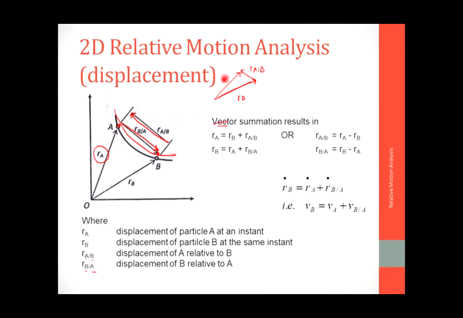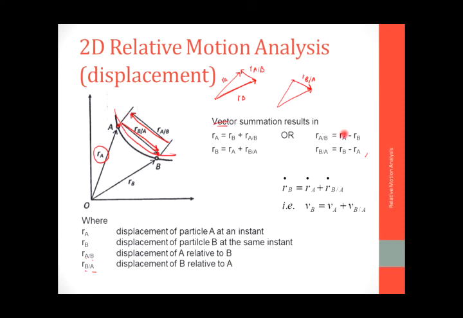So RA equals RB plus RAB, and RB equals RA plus RBA, because RBA is in the opposite direction.